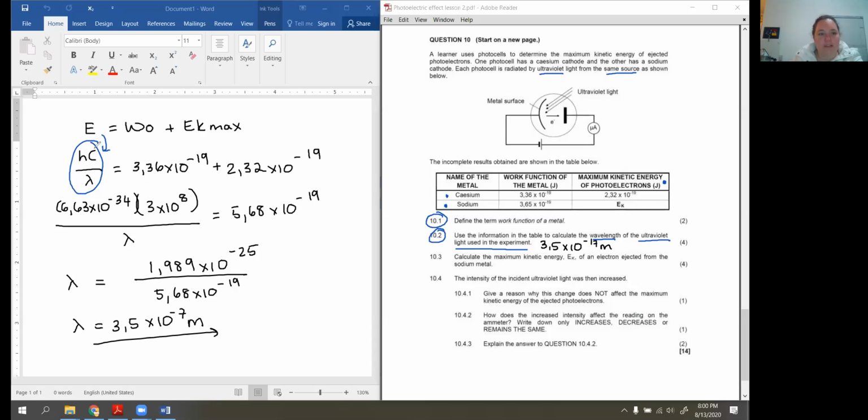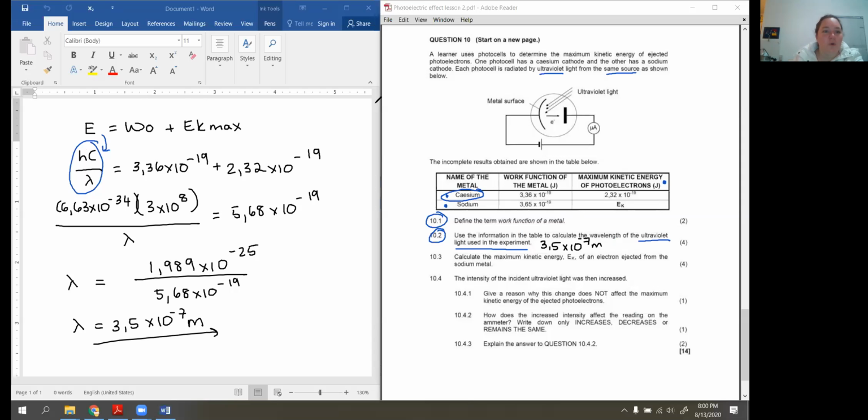So you've got Planck's constant, the speed of light, the work function and the kinetic energy for cesium. You've got to use the information for cesium. It's the only way to do it. So here you'd work all the way down and get an answer of 3.5 times 10 to the negative 7 meters.